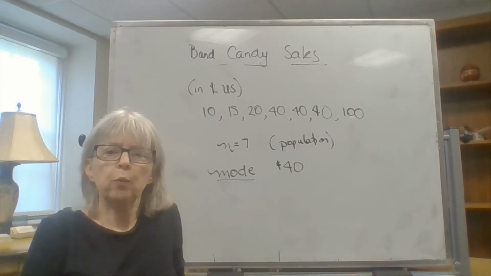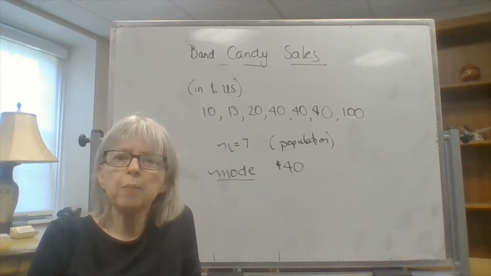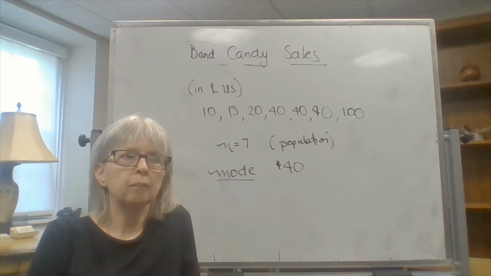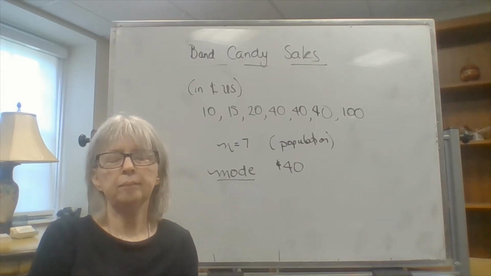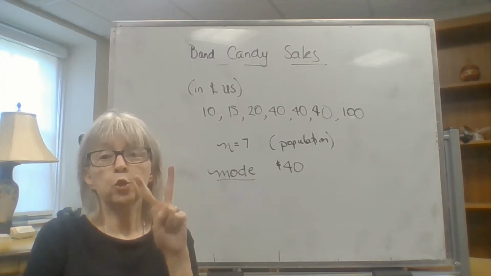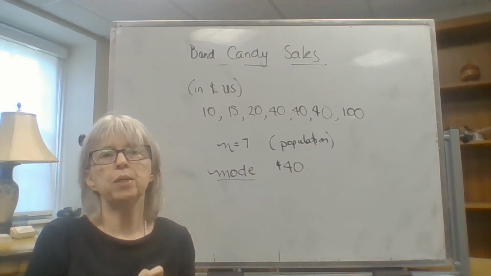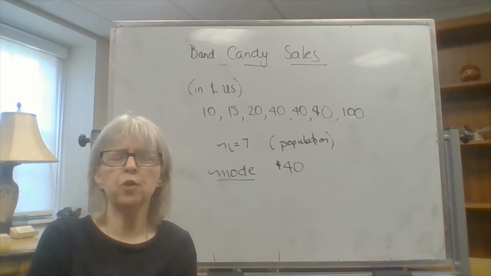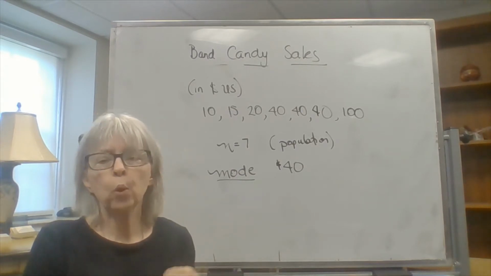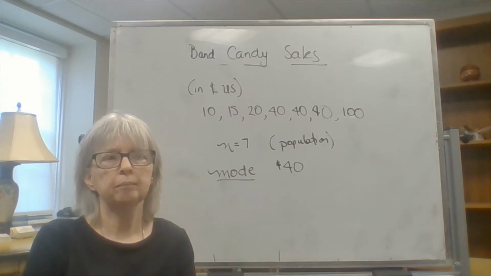You might be wondering, what happens if there's another number that appears 3 times? Is it the mode too? Sure. We might have a bimodal set of data where 2 numbers both appear the same number of times and more than all other numbers. Then we'd report 2 modes.